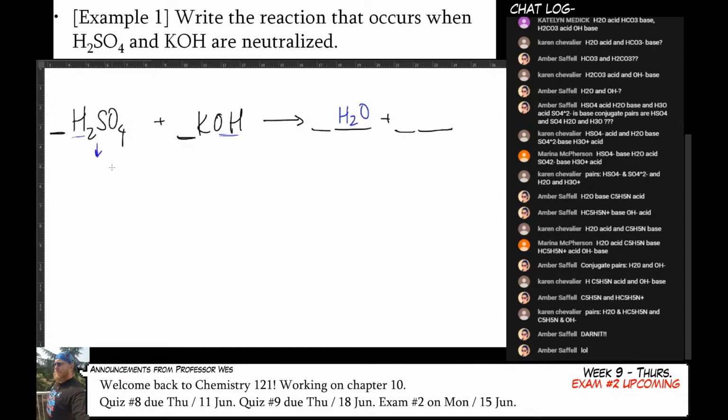So we're going to make a sulfate and two H pluses out of this, because the H pluses can pop off one at a time. I'm just collecting all the pieces here. And then over here for my potassium hydroxide, I get the potassium part and the hydroxide part.